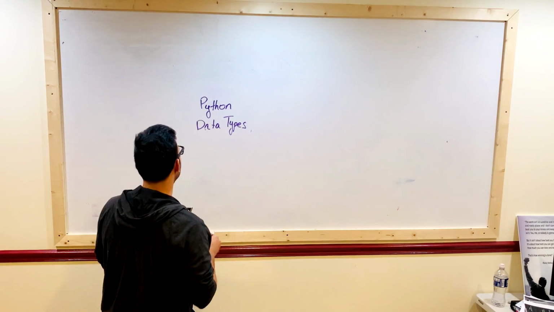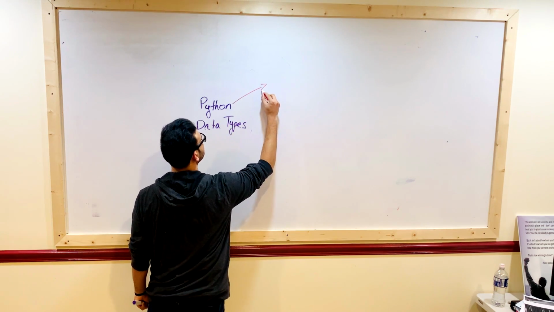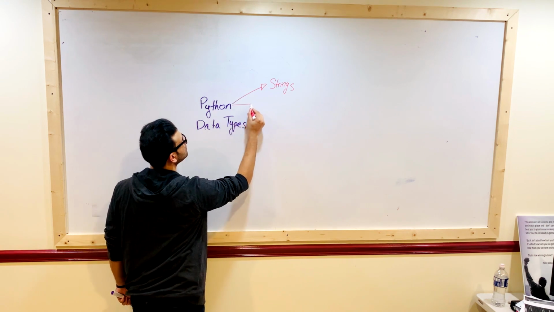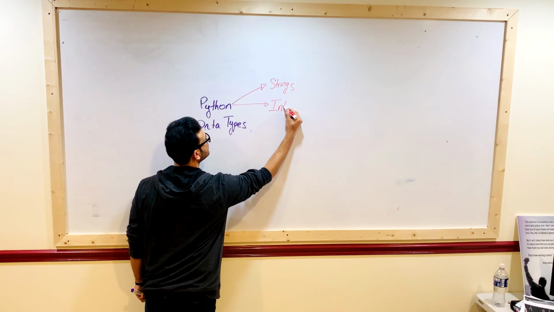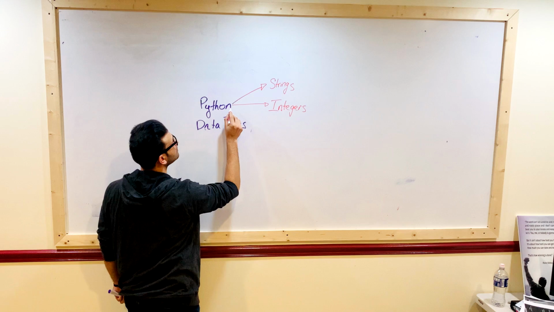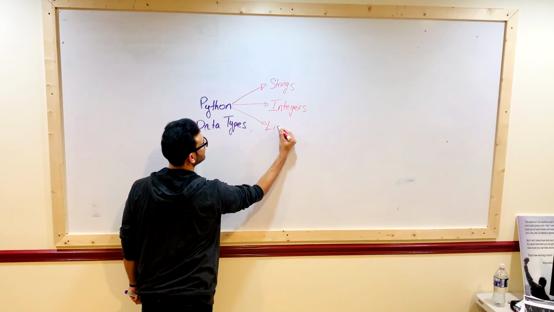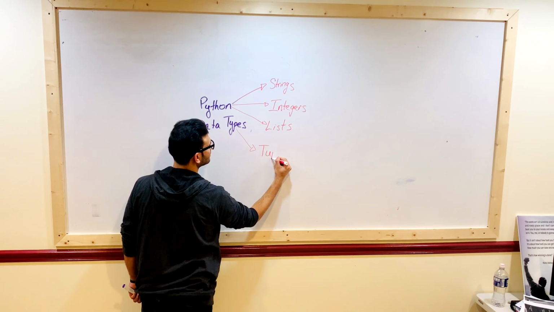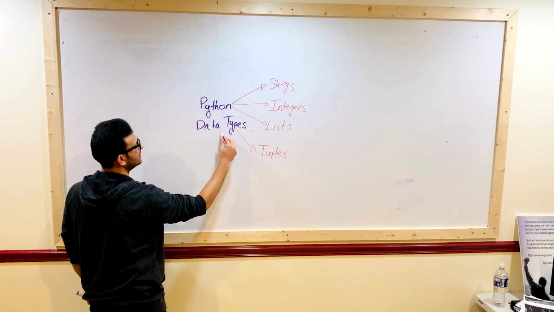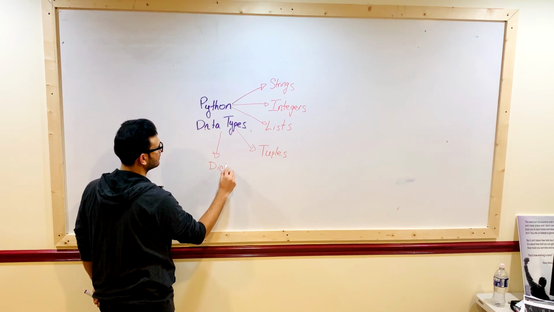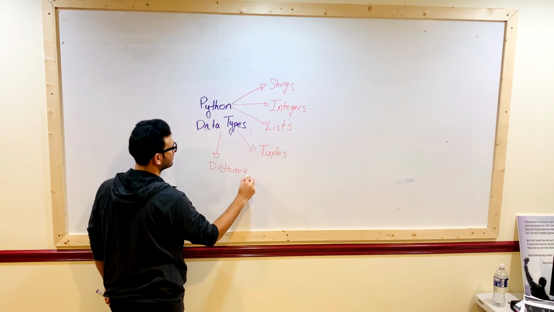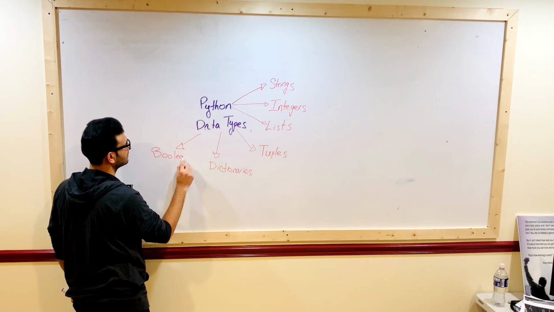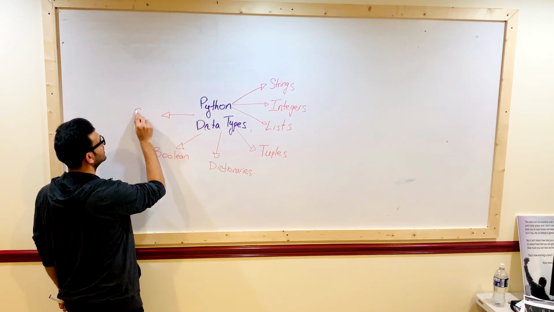So the Python data types are: there are strings, there are integers, there are lists, there are tuples, there are dictionaries, there are Boolean values, and there are sets.